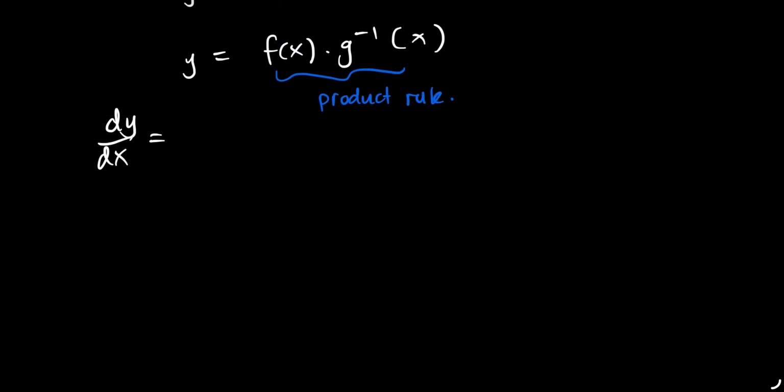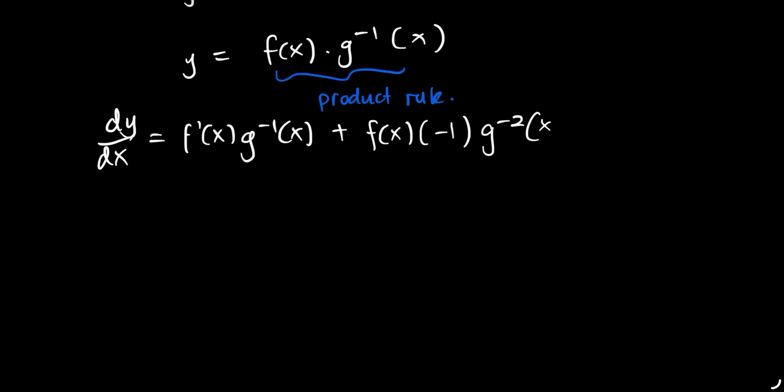This is again very simple. I mean, we can try using the limit definition, but I'm pretty sure it will be very, very tedious. So here we take the derivative of f(x) with respect to x and we leave this the same. And now we use f(x) times negative 1 times g to the negative 2 of x times g prime. What are we doing here?